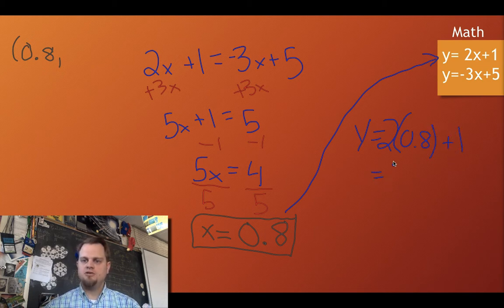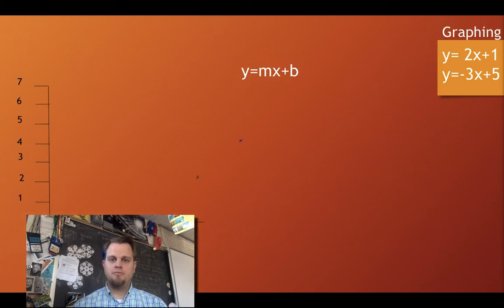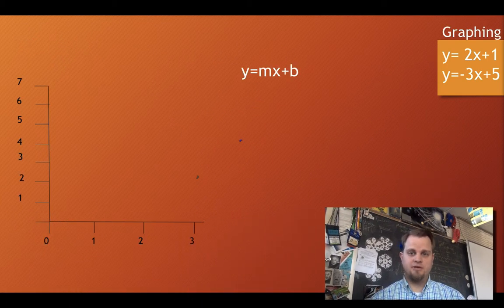And so 2 times 0.8 is 1.6. Add 1, that equals 2.6. So y is 2.6. And therefore, we can add that up here as our y coordinate, and we have solved the problem.